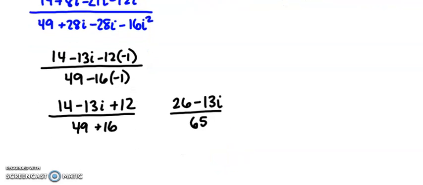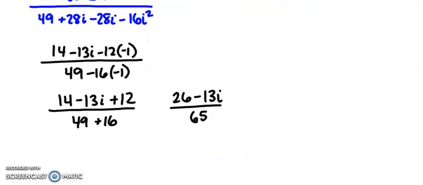It says that we're supposed to write in a plus bi form. So I'm going to have 26 over 65 minus 13i over 65. And I would say you could leave that as your final answer.